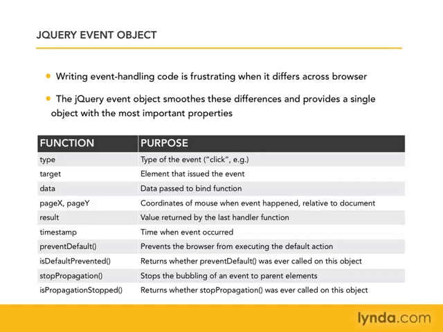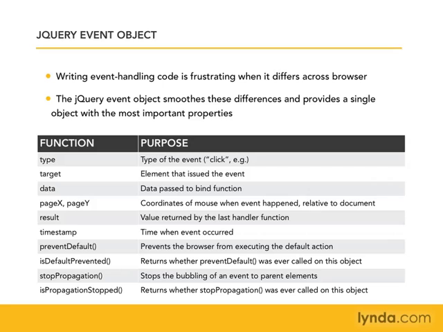The target property is the element that issued the event. So looking at the event object, you can figure out which element in the page the event came from. The data property is optional. If you passed any data parameter to the bind function, this property will contain that value. The pageX and pageY properties are the coordinates of the mouse when the event happened, and that's document relative.